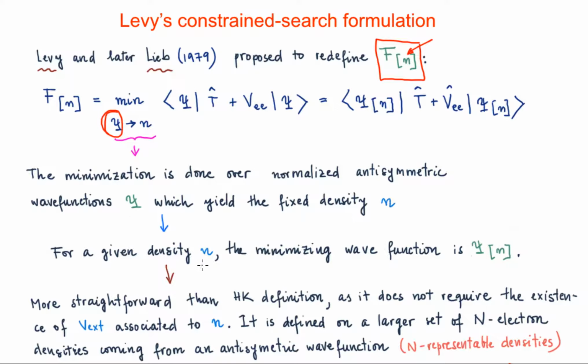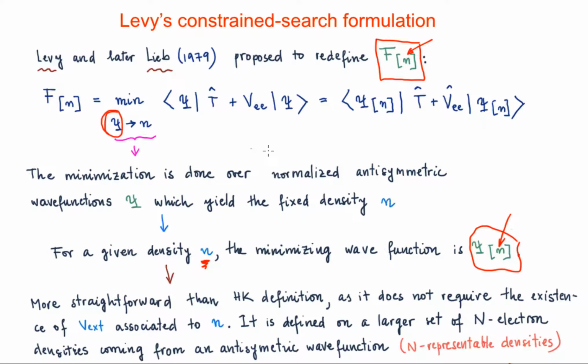So for a given density, you fix the density and minimize with respect to the wave function given that density. The minimizing wave function is, of course, going to be a functional itself of the electronic density, and we can write it in this way.